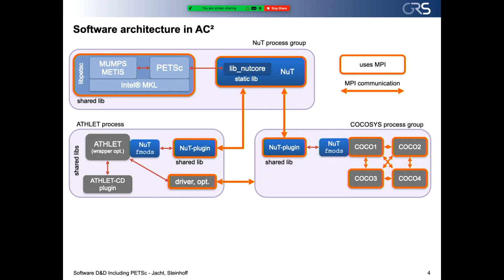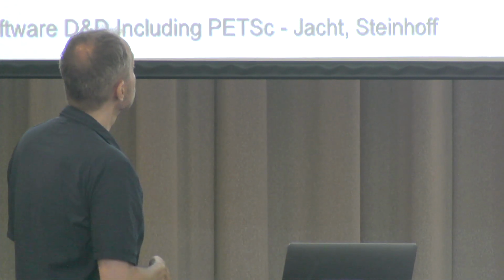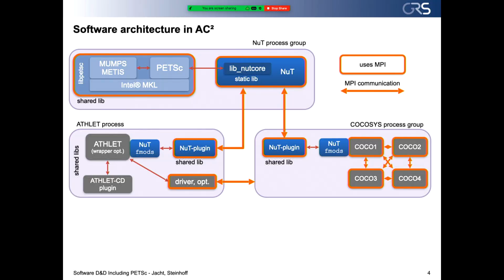And everything is based currently on Intel MKL. For our earlier approaches, we used LAPACK and ScaLAPACK from Netlib, but they changed with a version update. They changed some things in the CMake configuration with the Fortran name mangling, and this was not very fortunate.